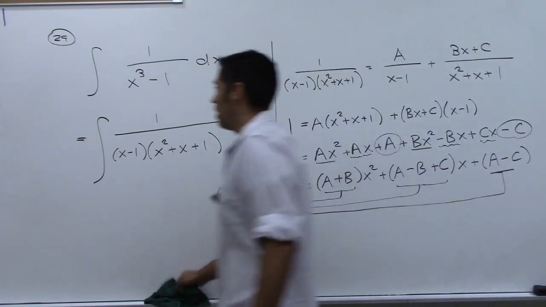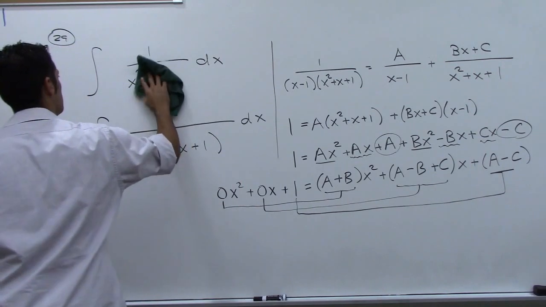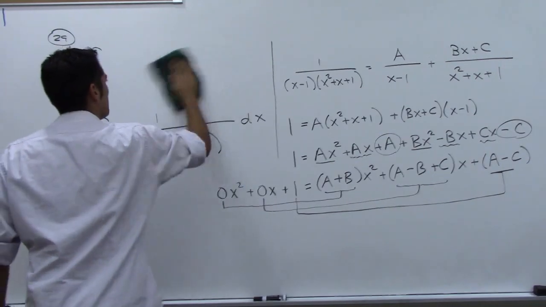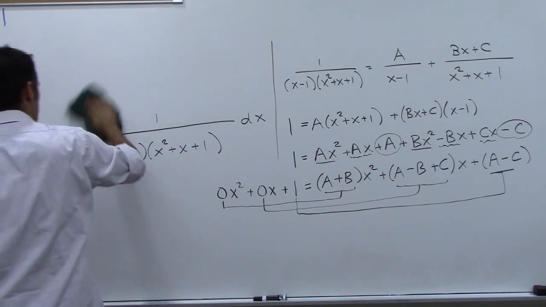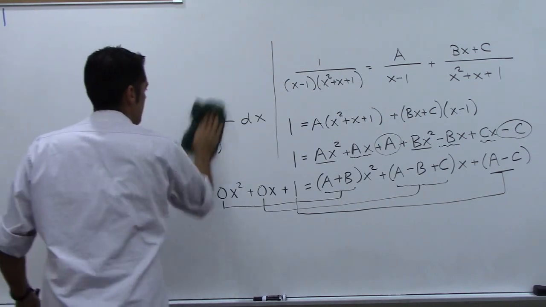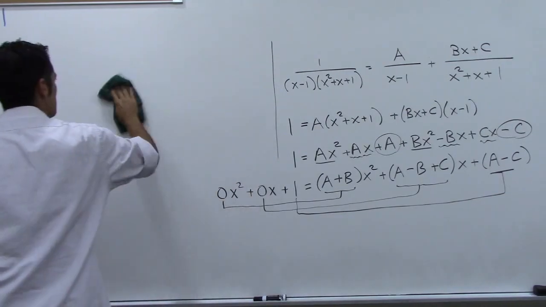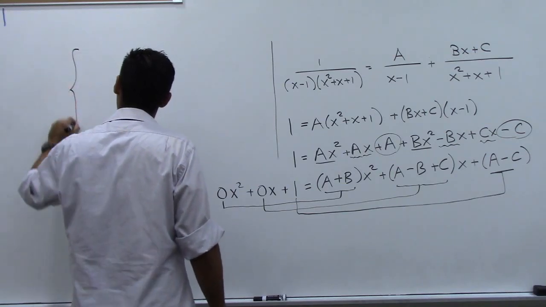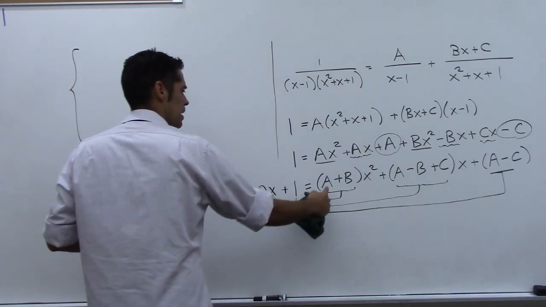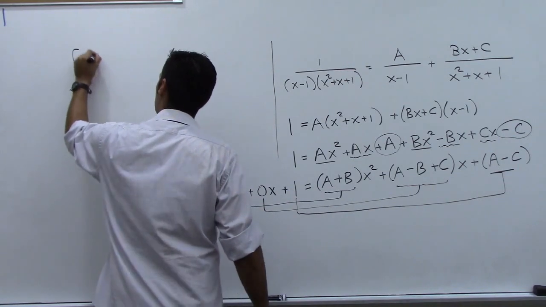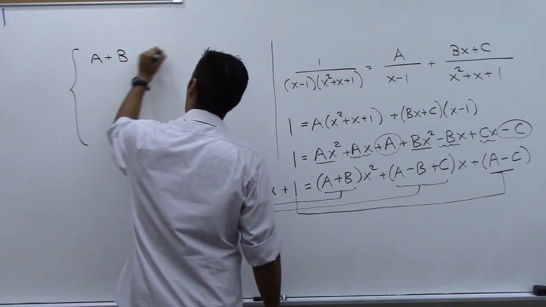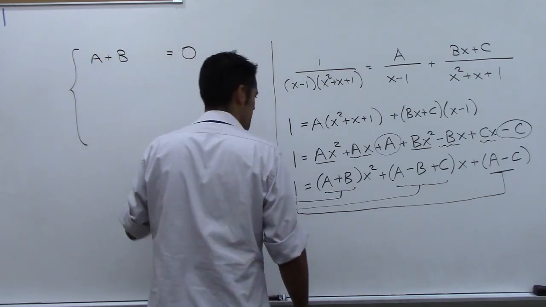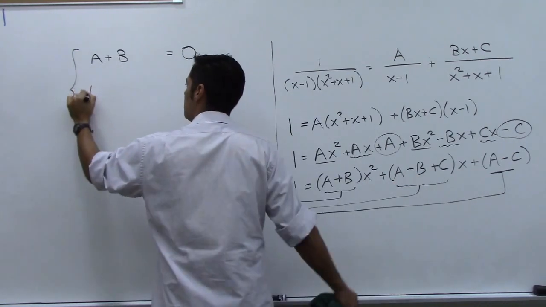So I'm going to create my system of equations now. The system of equations, I have 3 unknowns and 3 equations, so A plus B has to be 0. Leaving a space here, a column for my C's.